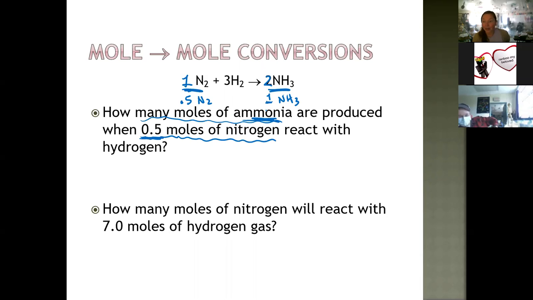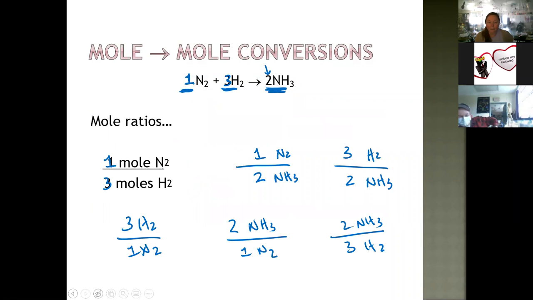Those lovely railroad tracks we've been using to do our conversions, we can use those for this too. I'm going to start with my given. My given is 0.5 moles of nitrogen gas. I want to flip my nitrogen into ammonia. Since I have nitrogen on top, I'm going to put nitrogen on the bottom. I'm looking for ammonia. I'm going to put ammonia on the top. If I go back a screen, I'm looking for my mole ratio with nitrogen on the bottom and ammonia on the top.